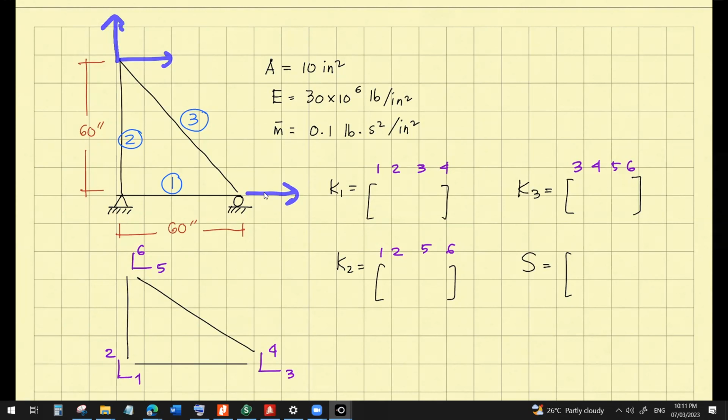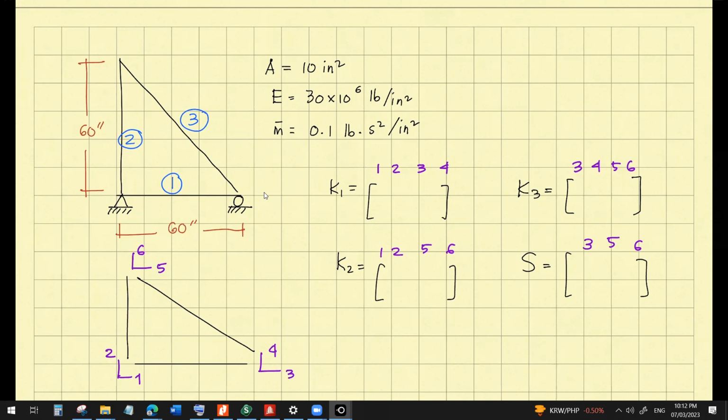The code corresponds to those degrees of freedom, so that will be degrees of freedom 3, 5, and 6. So our S matrix or our K is 3 by 3.